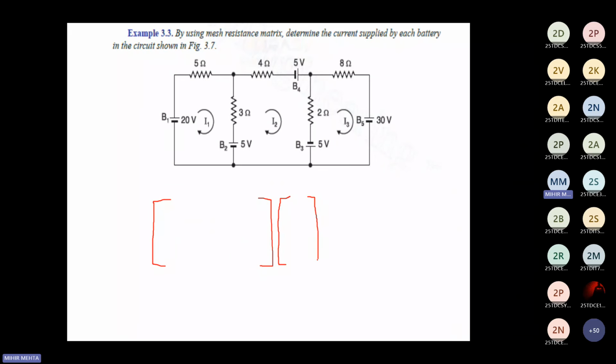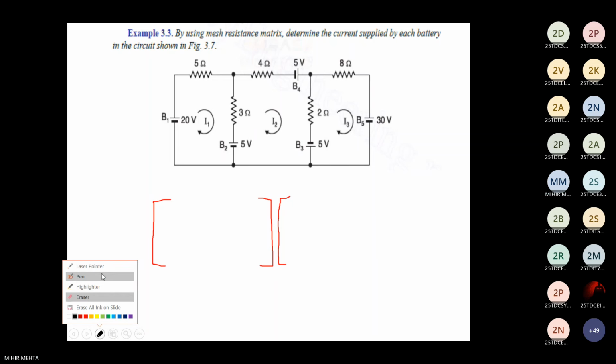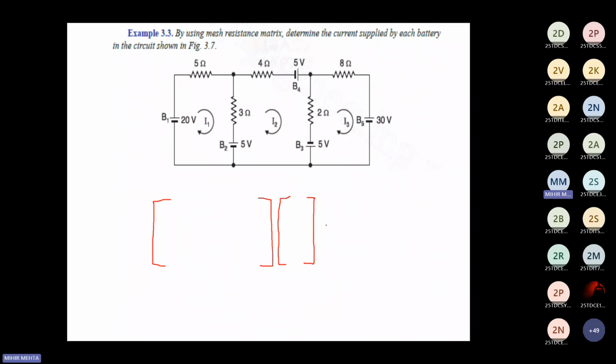The current matrix would have three elements, that is I1, I2, and I3. And the voltage matrix would again have three elements, based on the voltage that they have in that particular mesh. So this is the kind of matrix you would be forming.